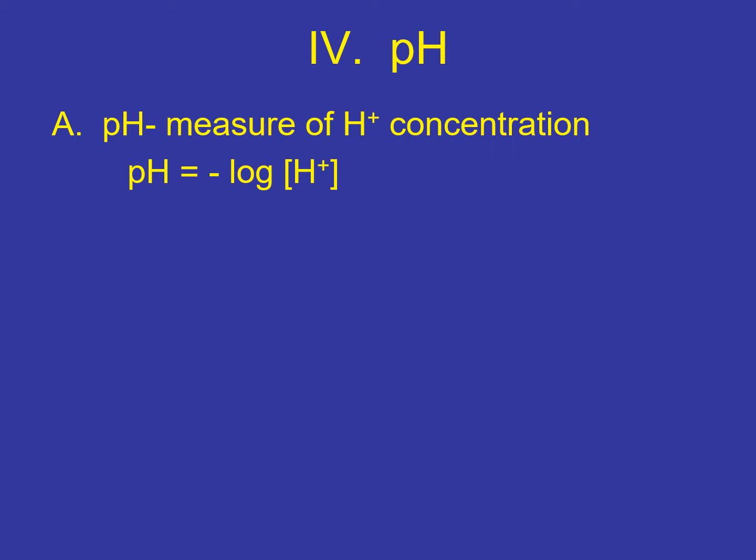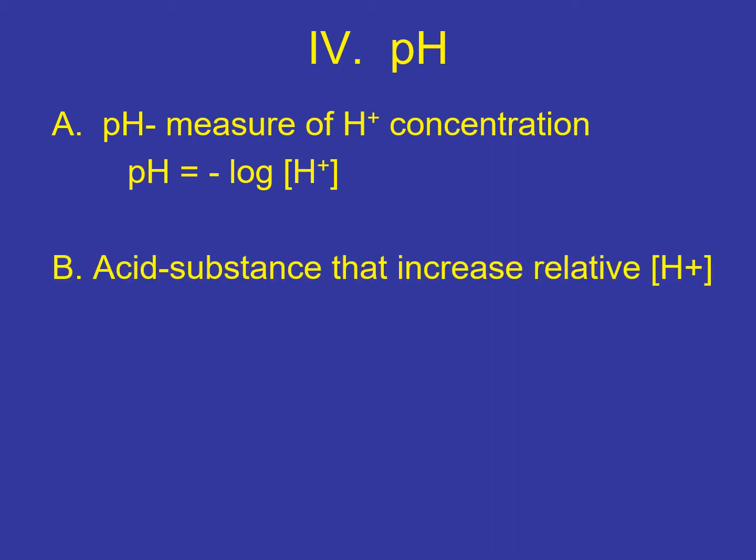pH is the negative log of hydrogen ion concentration. So it is a logarithmic scale in base 10, and what we're actually measuring again is the concentration of hydrogen ions. Now, in discussing pH, the terms acid and base are used.